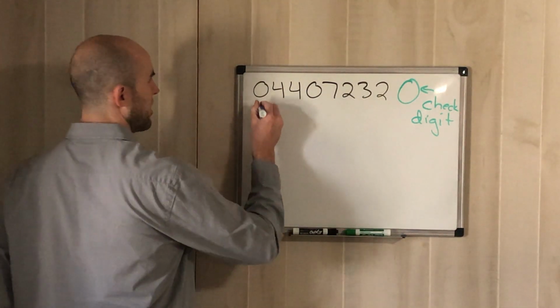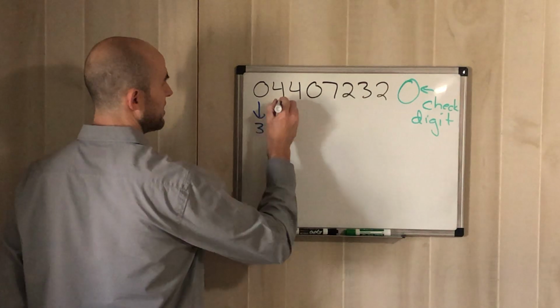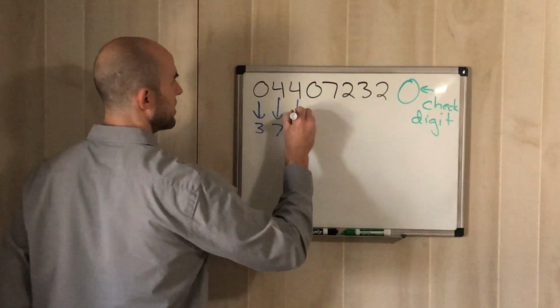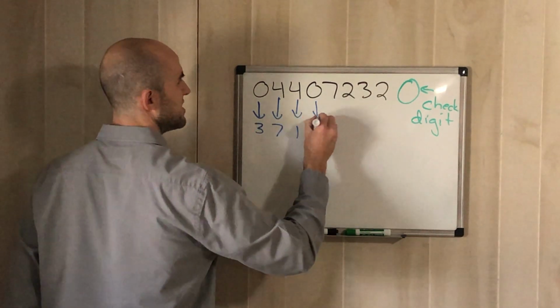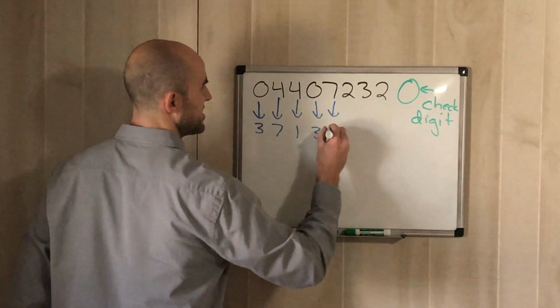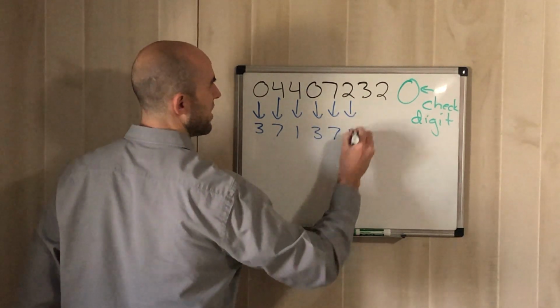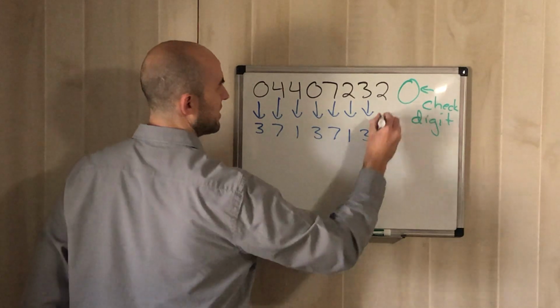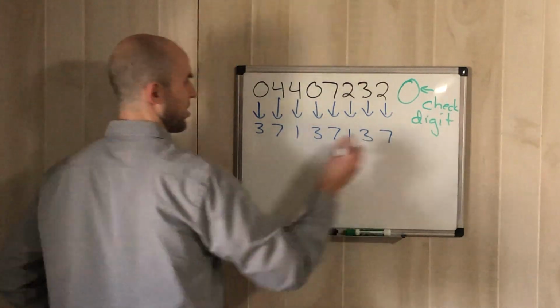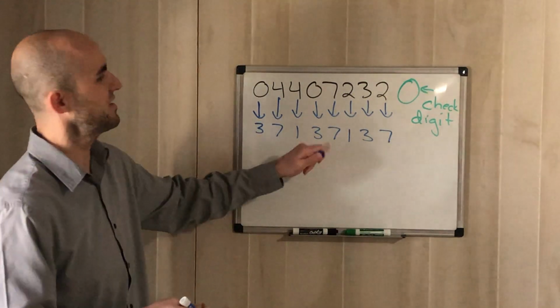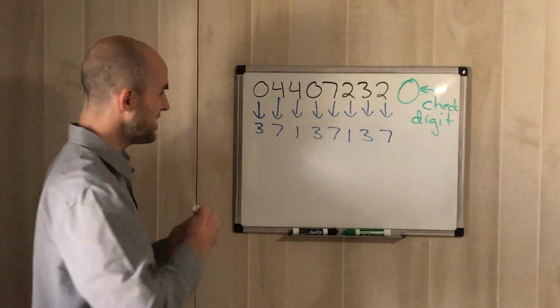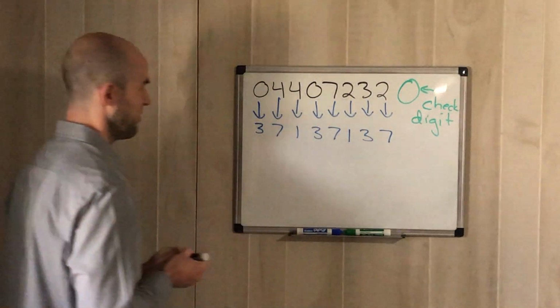Start with the first number, times 3, times 7, times 1, times 3, times 7, times 1, times 3, and times 7, right? It's always the same pattern, 371, 371, 37. Now from this, let's actually figure out what our numbers are going to be, right?